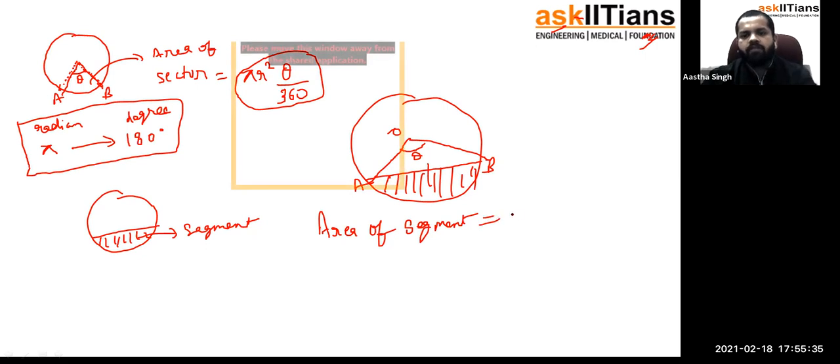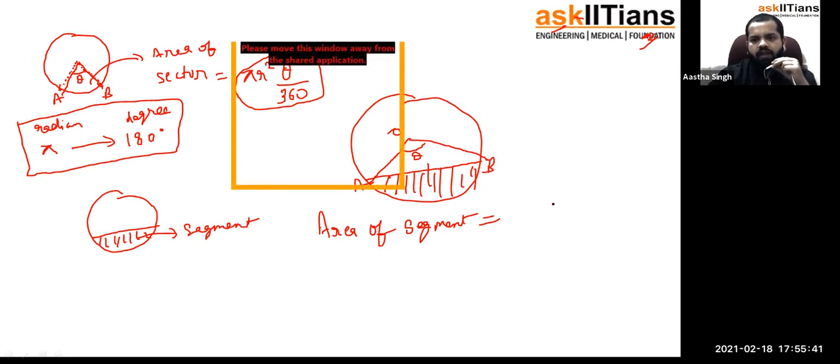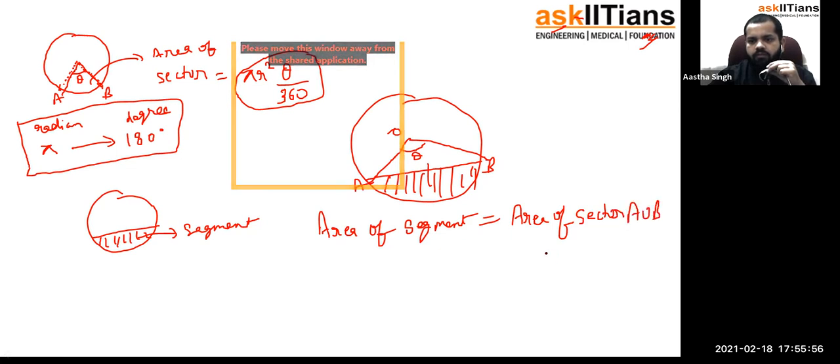Area of segment must be equal to the area of sector minus the area of triangle AOB, then you will easily get your area of segment. So area of segment is basically area of sector AOB minus area of triangle AOB.